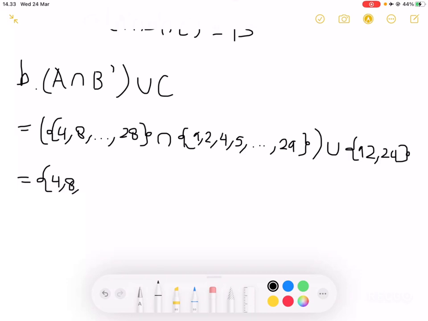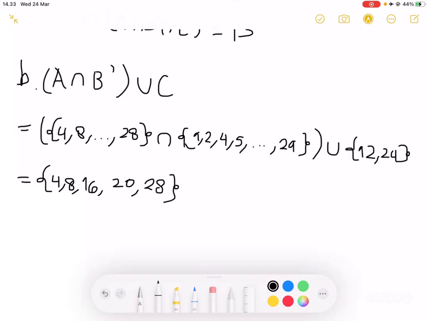We'll skip 12 since 12 does not belong in B, but it belongs in A. However, 12 does not belong in both sets, so we can just exclude that. So that will be 16, 20, and 24 does not belong in either of these two sets either. It only belongs to A, so we can just skip that and we'll get 28.